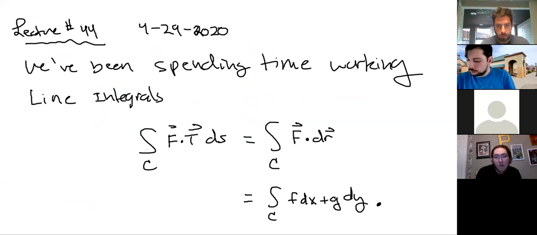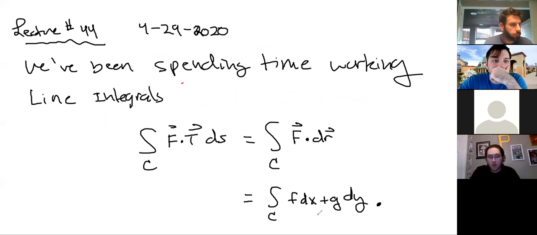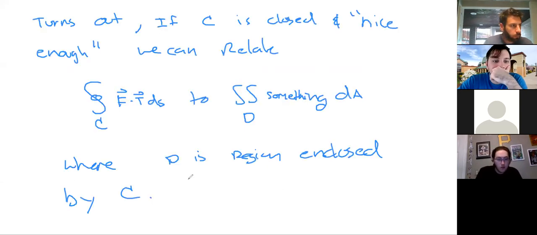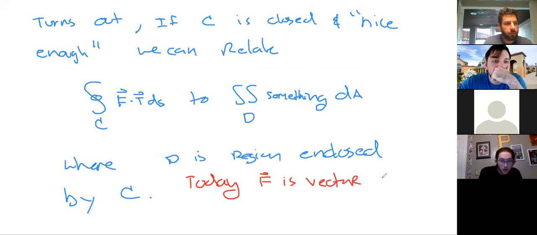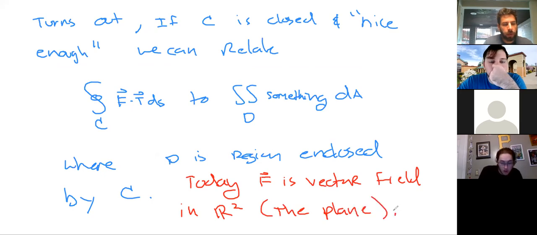So let me be very clear here. Today, F is a vector field in R2, the plane. We're not worrying about 3 dimensions today. That will have its day coming up, but right now we're only worried about curves in the plane.